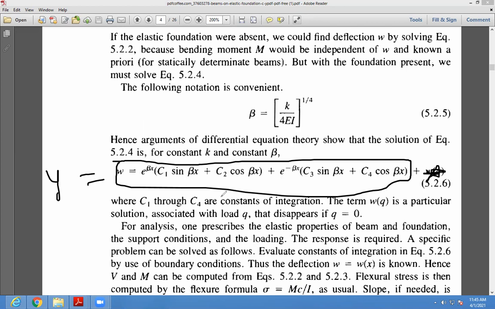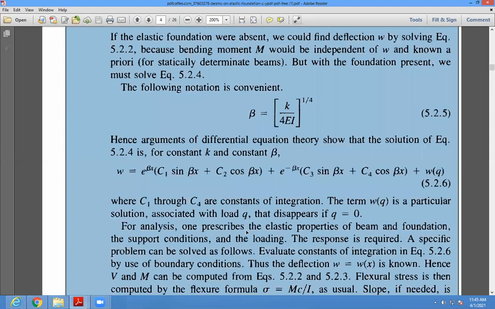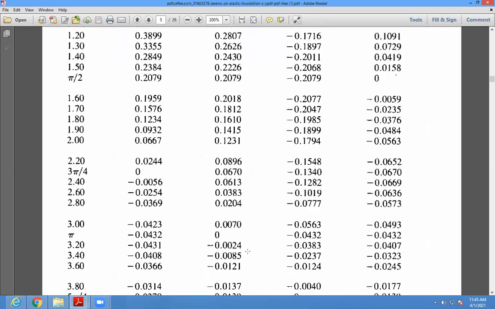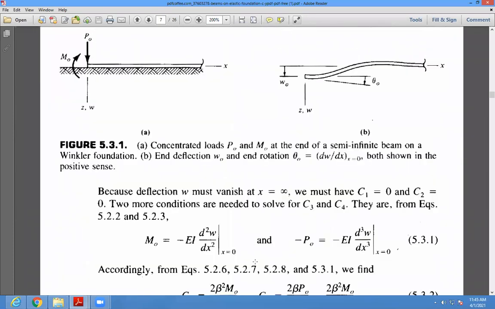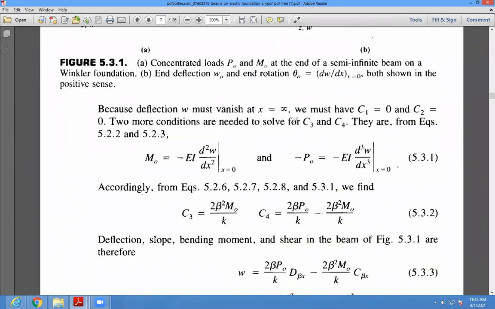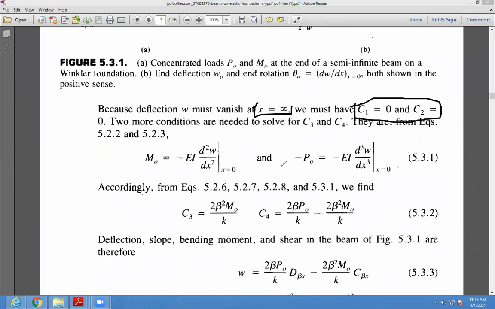In this equation, we have to put the value of x equal to infinity, and then find the constants. By putting x equal to infinity, we get C1 and C2 equal to 0.